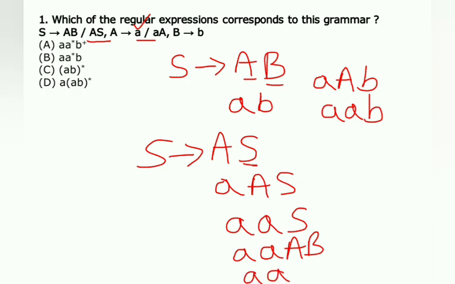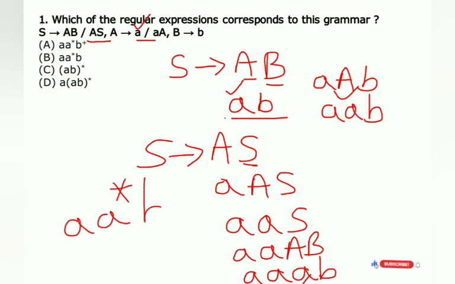In every expression, A is followed by B. That means at least one A must be there on the left hand side: one A, two A's, three A's. So the given language has at least one A followed by exactly one B. That is why it is A star B, since we have at least one A here. So the answer is option B.